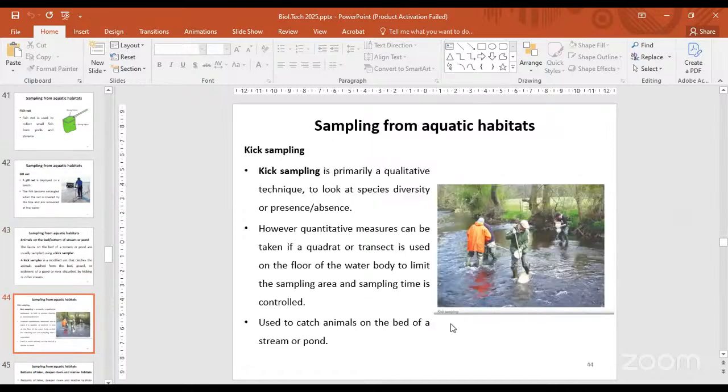This is a typical kick sampler with a net. They just disrupt the bottom of the pond, and some bottom-dwelling organisms and even the sediment will float, and then they are collected by the device.